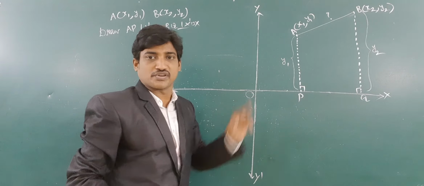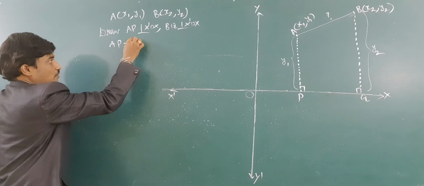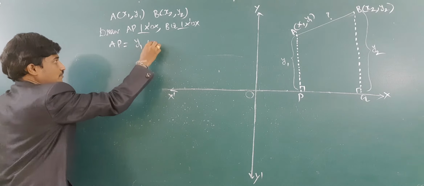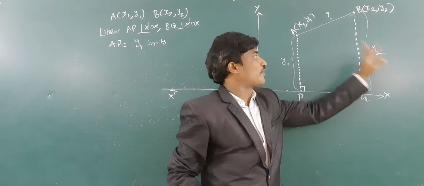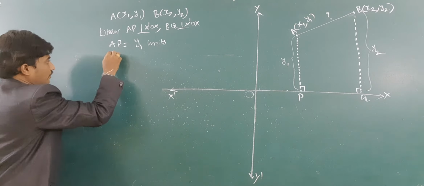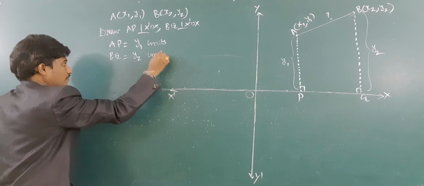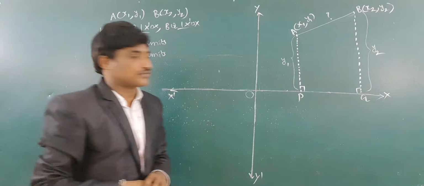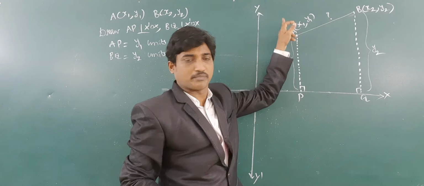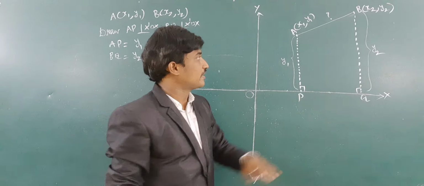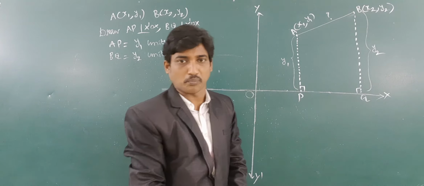So AP is y1 units and BQ length is y2 units. Here the y-coordinate y1 is nothing but length AP, and BQ is y2.